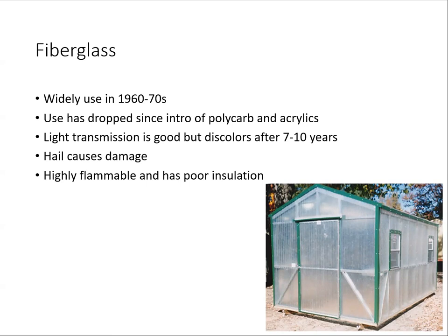They're not very structural, so they are damaged by heavy hail. Super flammable and horrible insulation, right? So this would land on the not quite as expensive side of things, but you're giving up insulation, flammability, and potential damage.